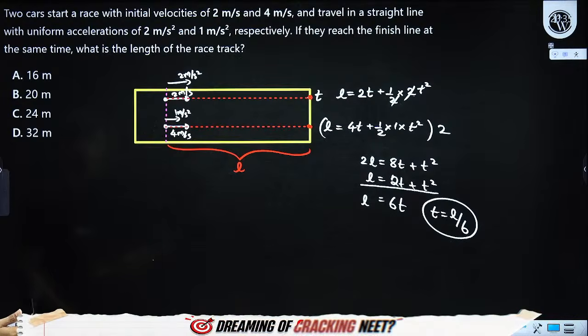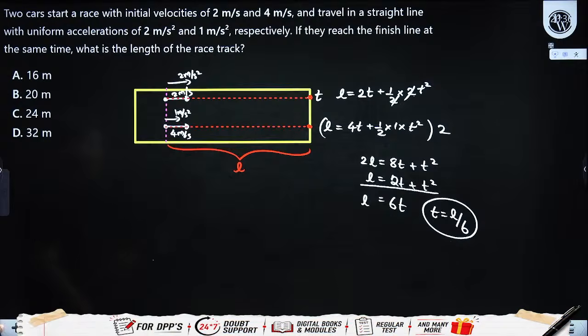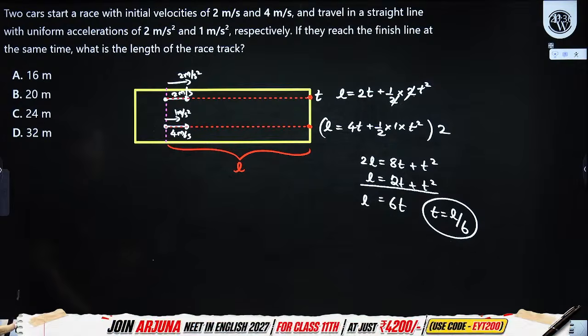Wait a second. 2L is equal to 8t plus t square. That is correct.